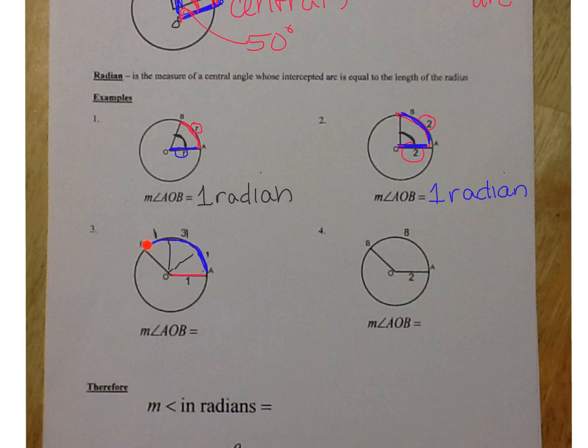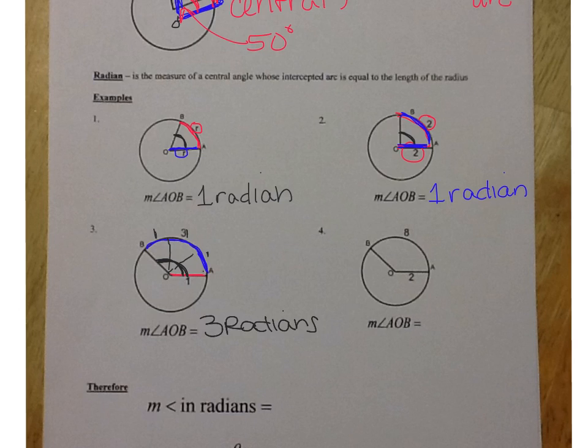So 1, 2, 3 here. Now this arc is equal to the radius, that's a radian. This arc is equal to this radius, that's another radian, and this arc is equal to this radius, that's another radian. So angle AOB, the whole angle, is equal to 3 radians.